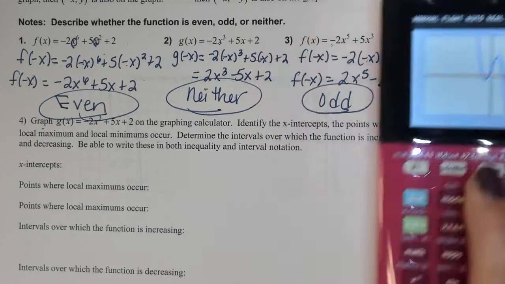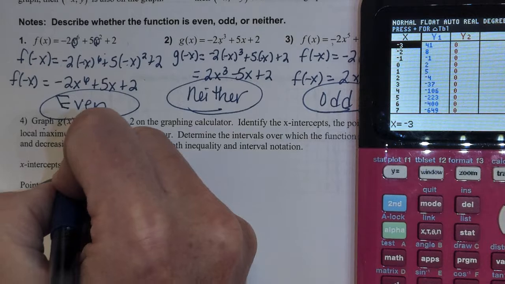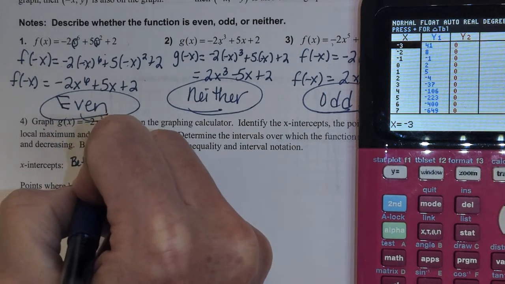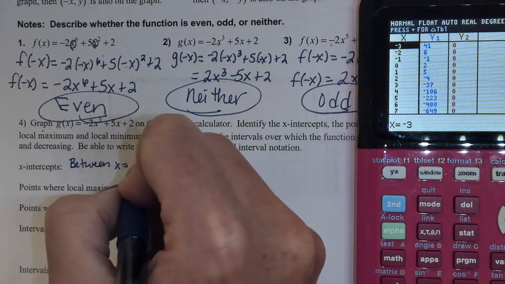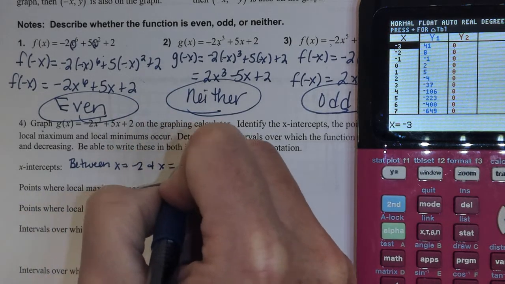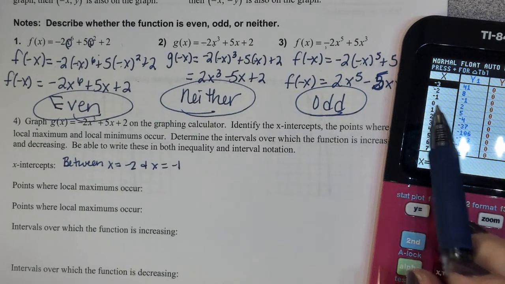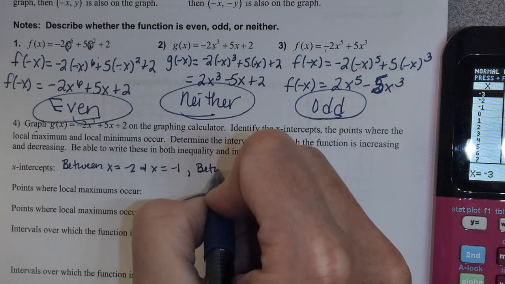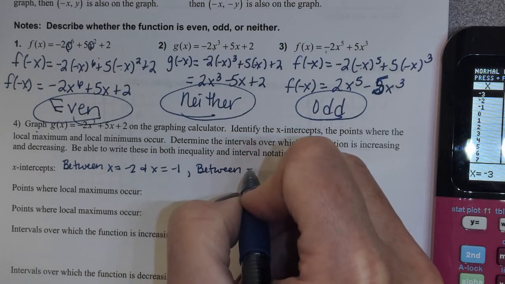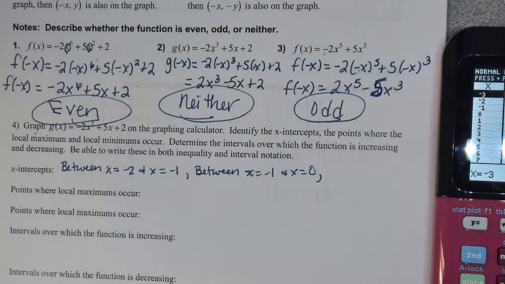Actually, I want to show you something else first. I'm going to say my x-intercepts occur between x equals negative 2 and x equals negative 1. Then I'm going to find them exactly too. So also in between negative 1 and 0, just understanding that location principle.